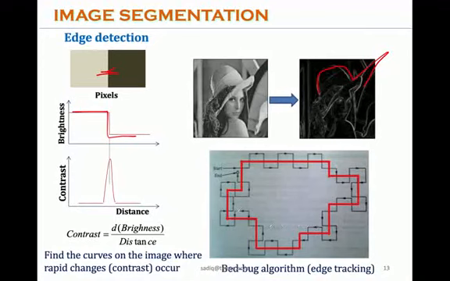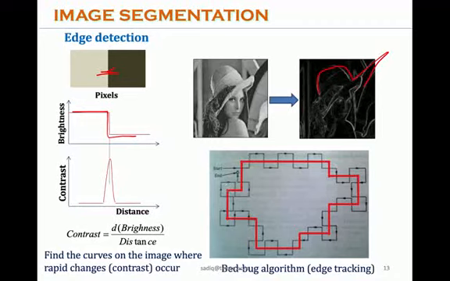There are other algorithms also to get the edge of an object. This is called the plus or minus edge tracking method, where the algorithm starts sensing the object from some point. If the pixel is darker, having the same intensity, it will go in one direction.